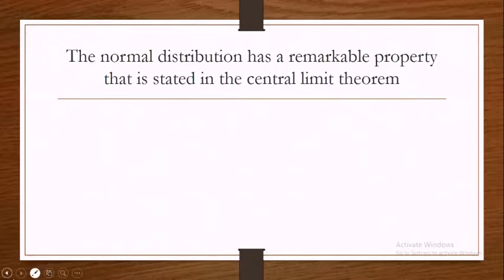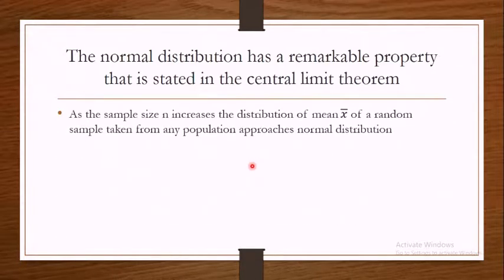As n increases, or as the sample size increases, the distribution of the mean, that is x bar, of a random sample taken from any population, it's not necessary that it should be a normally distributed population. That population can follow any distribution, but as n increases, the distribution of the mean, that is x bar, approaches a normal distribution.